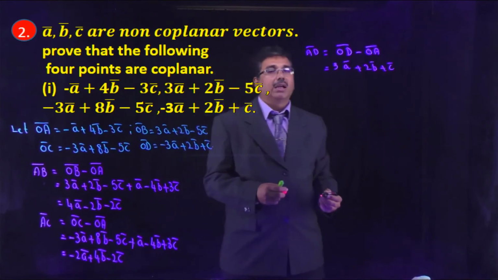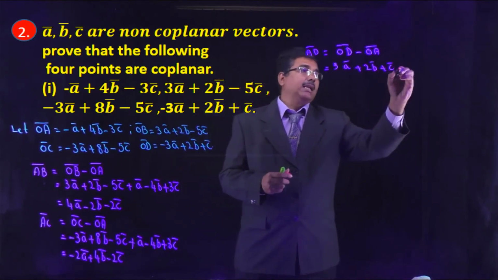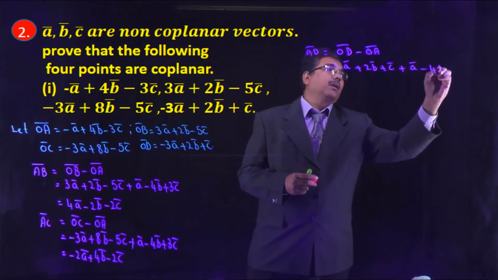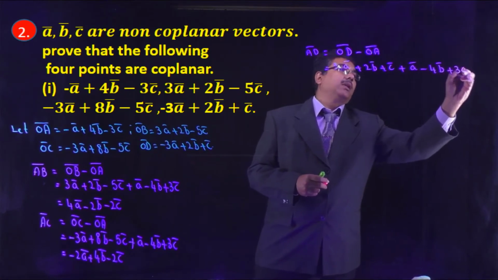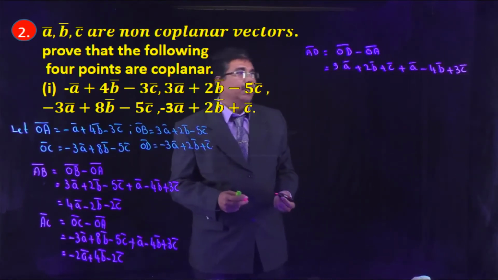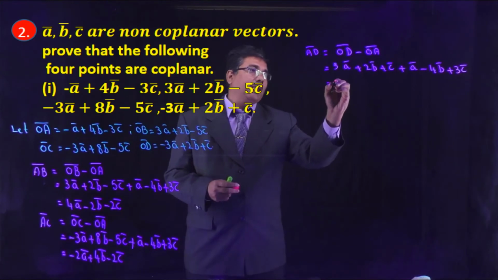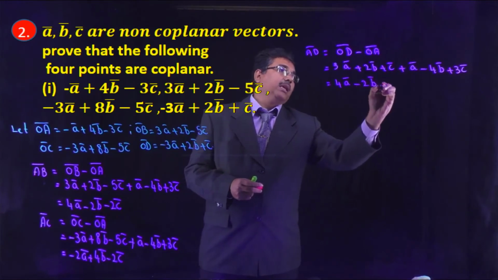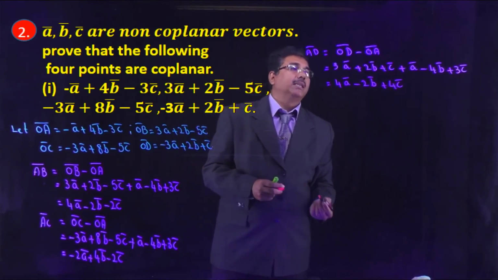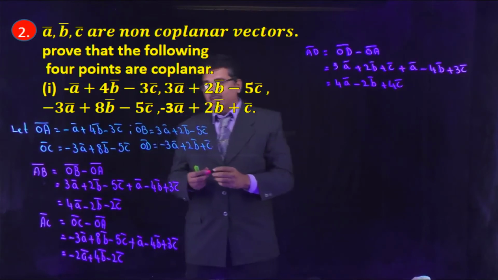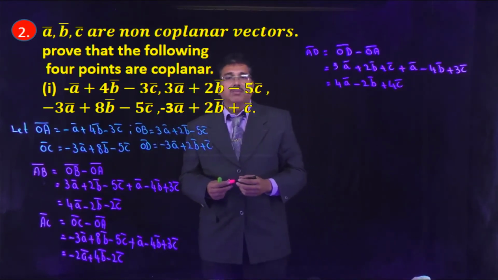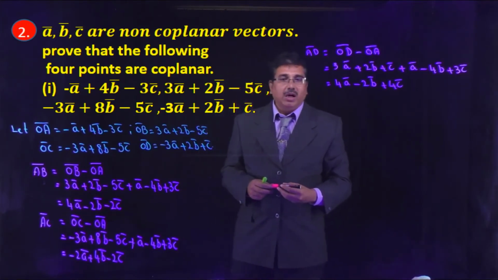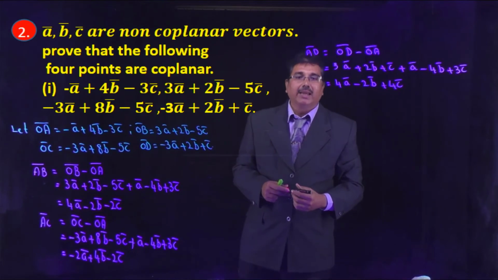Minus OA bar, directly I write plus A bar minus 4B bar plus 3C bar, right? That is equal to 4A bar minus 2B bar plus 4C bar, that is AD bar, right? Given 4 points, from the 4 points we found AB bar, AC bar and AD bar.